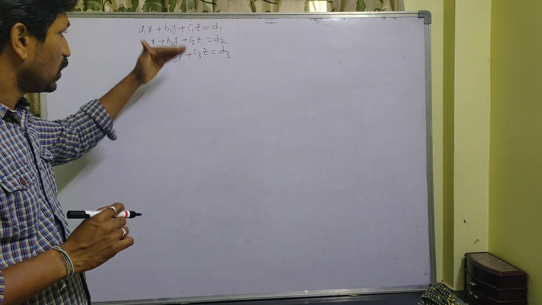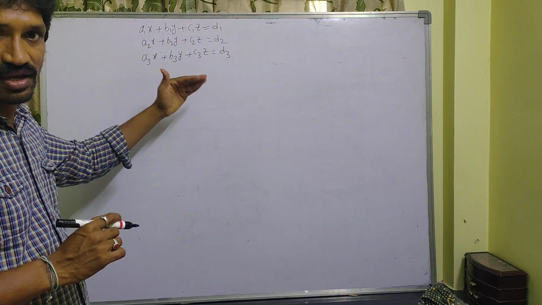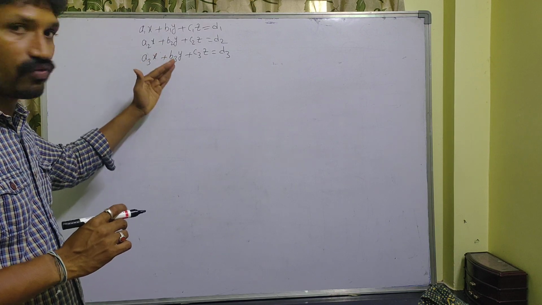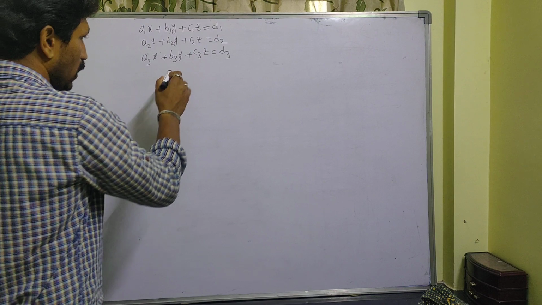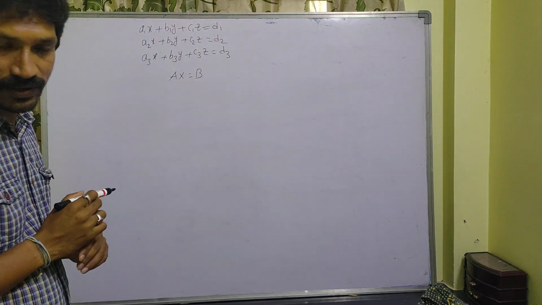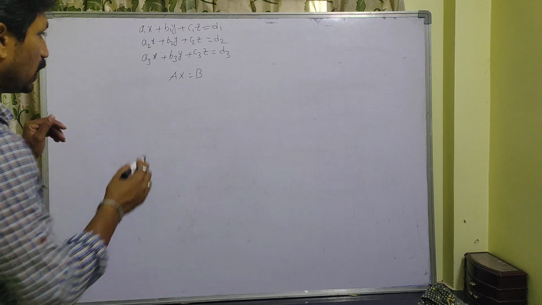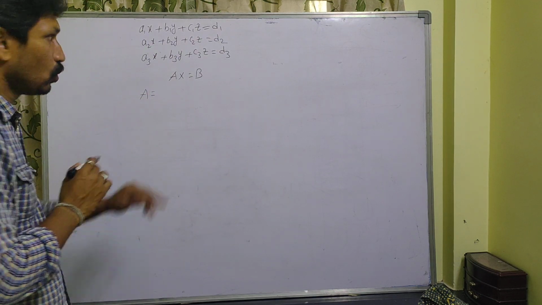So first of all, are these three equations consistent or inconsistent? How to say: first you write the matrix equation form AX is equal to B. Yesterday we learned about this very clearly. Okay, see here A is nothing but the coefficient matrix.